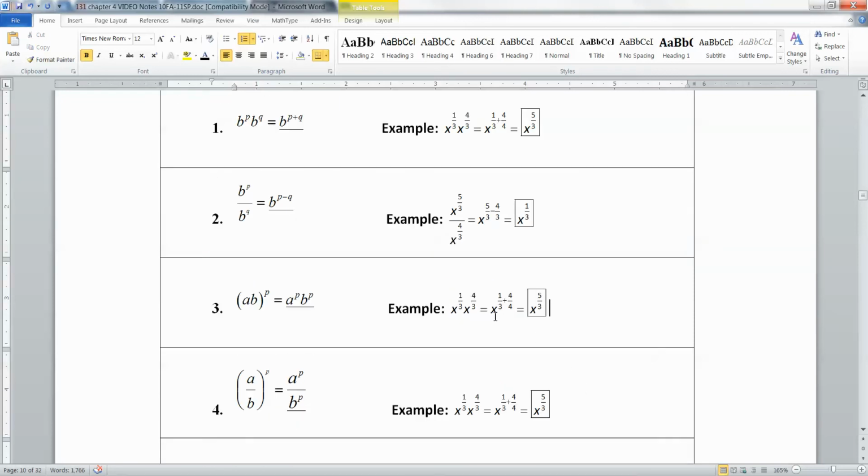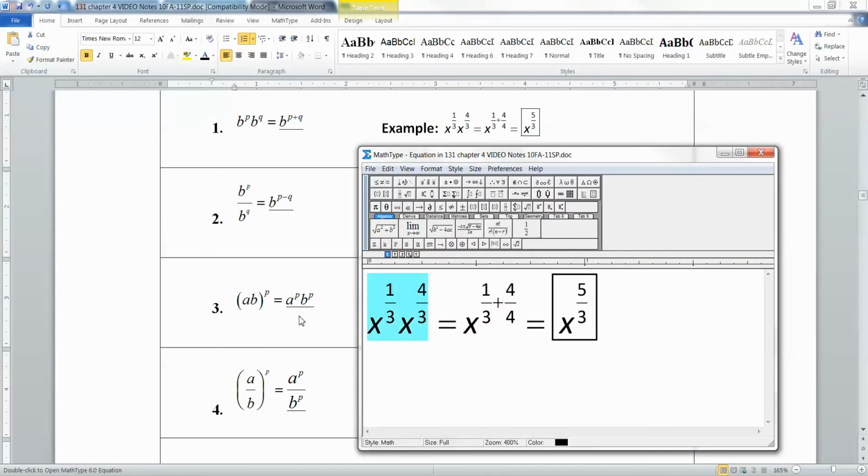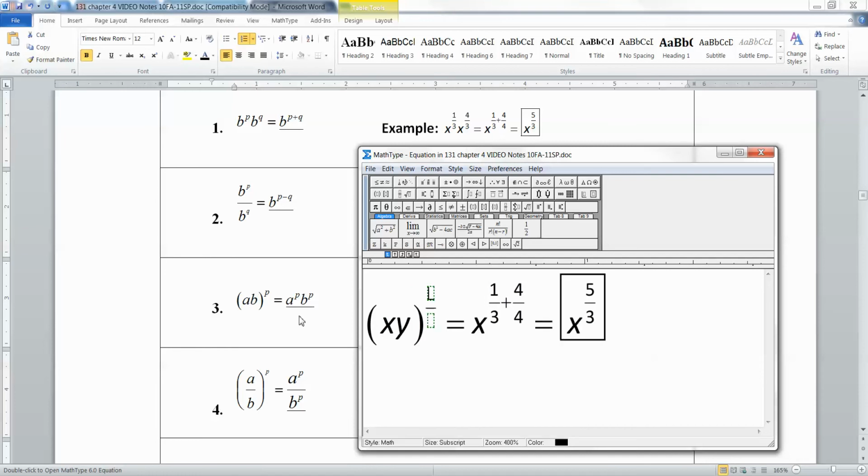Okay, now what about the next one? That's the distributive property, that you can take the power p and distribute it to a and b. So let me make up an example here. Suppose I had xy to a fraction power, like 1/3. That's fine.